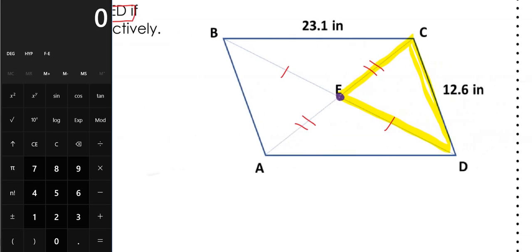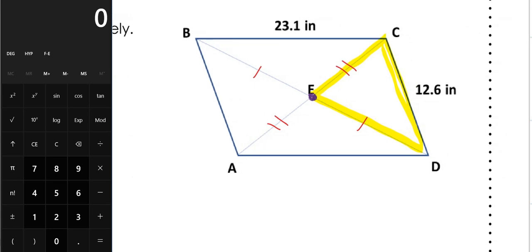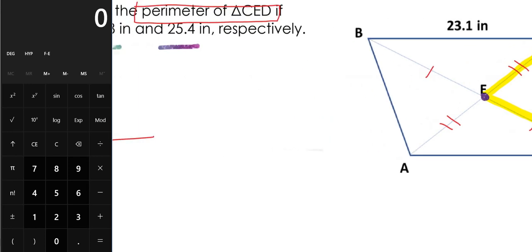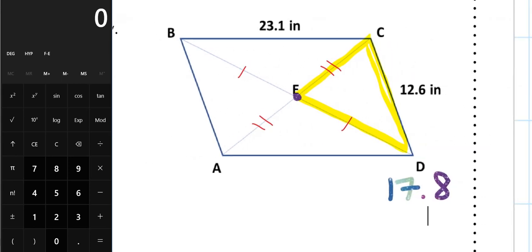Okay, let me go to my diagram. So I have 17.8. And then the other one, 25.4. Okay, so AC is 25.4. Now those 2 make up the entire diagonal. My yellow perimeter here only uses half of those diagonals.